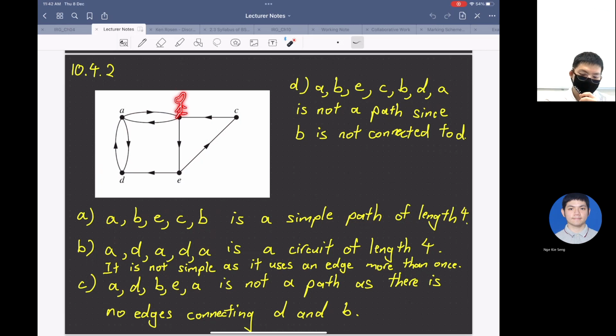So for question C, there's no path, no length.